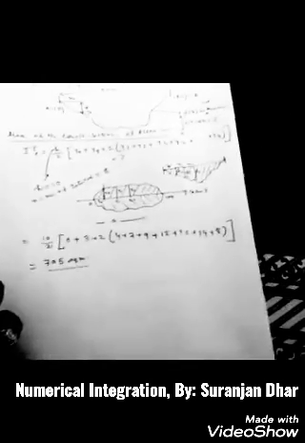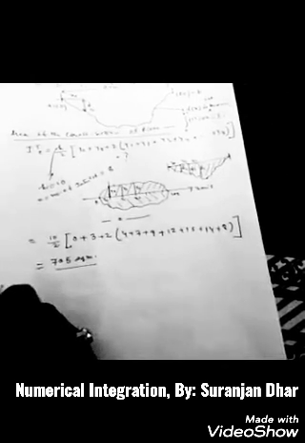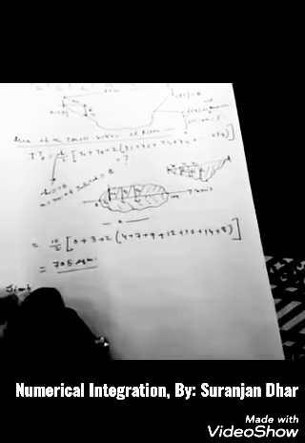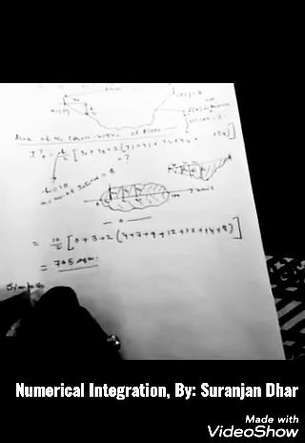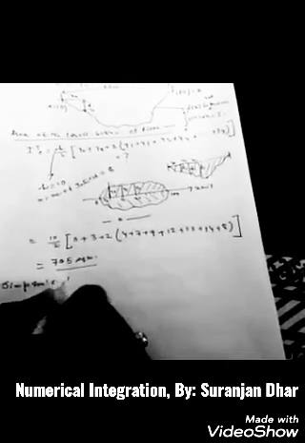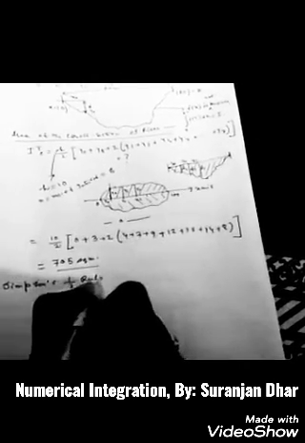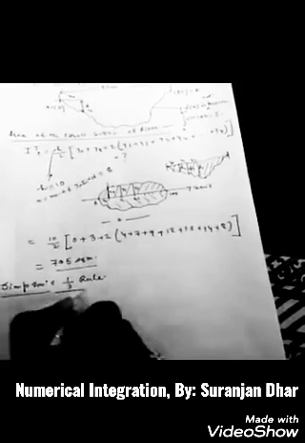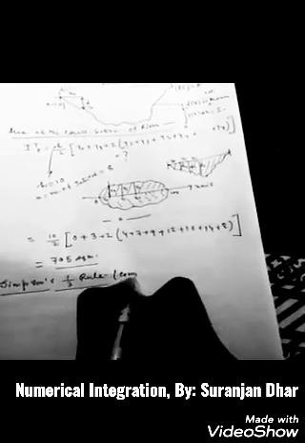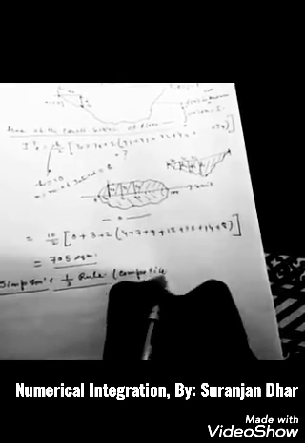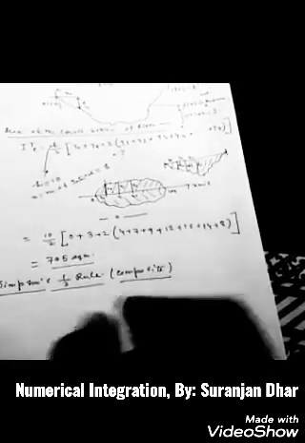Now I will briefly describe Simpson's 1/3 rule. It is another rule. Total elaboration of this rule is not required for your syllabus. Just remember the formula. It is very easy.